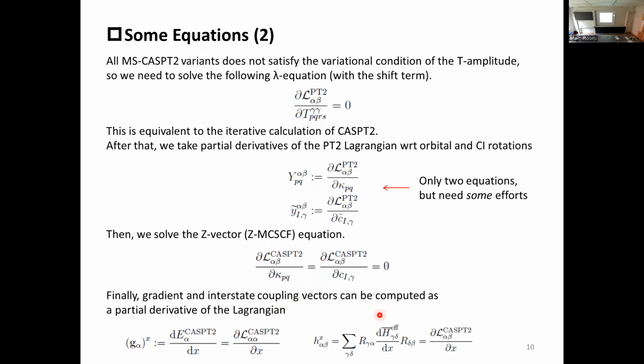And after solving this z-vector equation, we can calculate the gradient and interstate coupling vectors by taking the partial derivative of the Lagrangian. So this is a gradient, which is useful for geometry optimizations, and this is the interstate coupling vector, which is used for locating conical intersections.